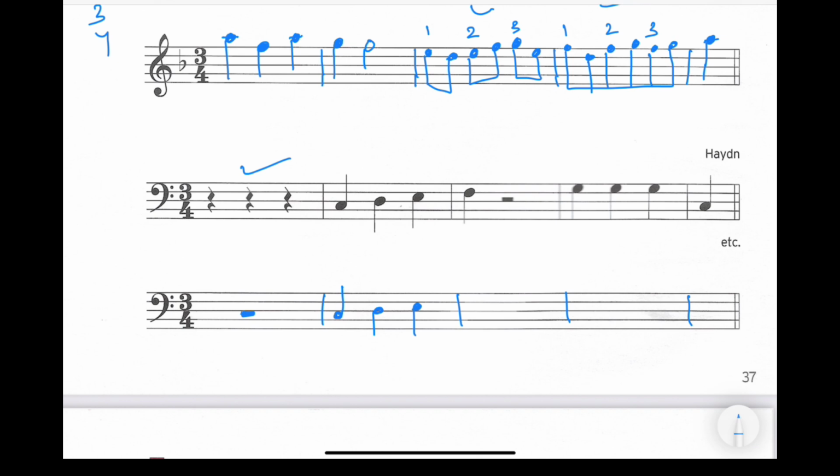Now here we have learned that you cannot write this minim rest together. You have to put two separate. So this is wrong. You have to put two quarter note rests or crotchet beat rests.